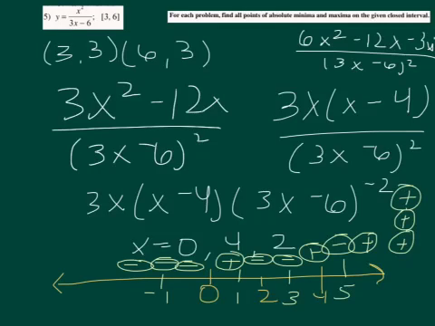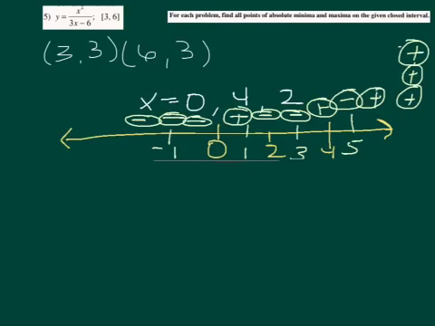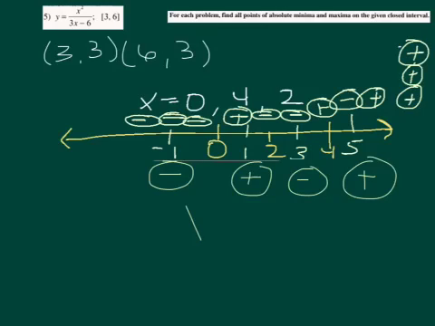Okay, so now that I have that, this part would be a negative at the bottom, a positive, a negative, and then a positive. So it would go down, up, and then from up, down, and then from down, up. So this one would be a min, this one would be a max, and this one would be another min.